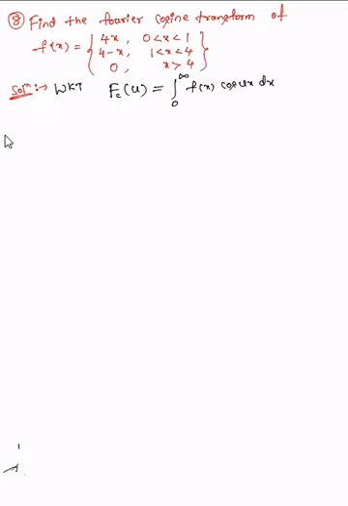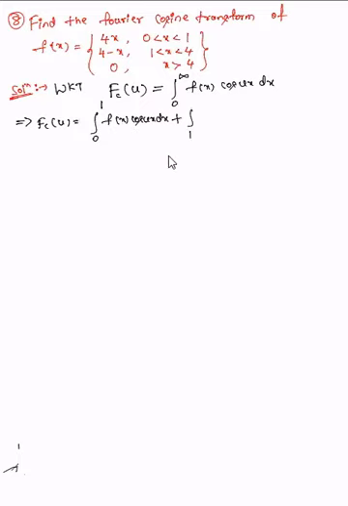So this implies Fc of u equals, I'll start from the lower limit now, 0. So 0 to what we have? 1. So I'll write integral 0 to 1 f of x cos ux dx, first integral, plus the second one, which ends with 1. So 1 to next is 4.